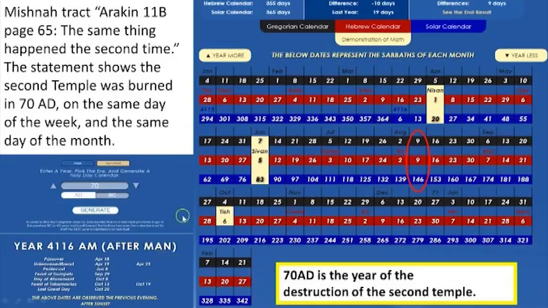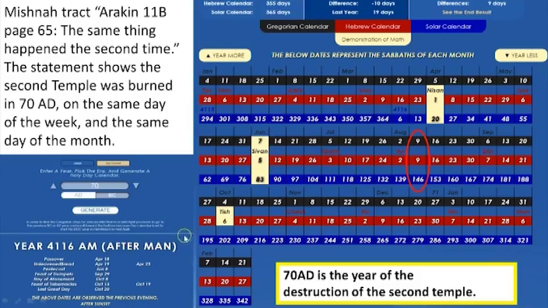Now we're going to go to a new year, a different thing that took place in history. This date is really an important historical date as far as the Christian religion is concerned, because it shows some very important information. This year that we went to, which is 70 AD, is the year that the Romans destroyed Jerusalem and the Second Temple.